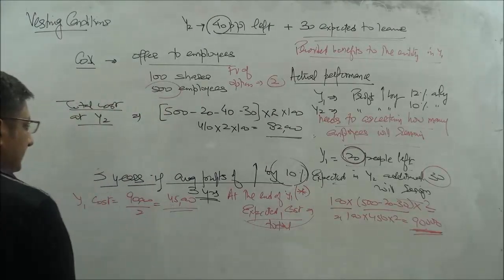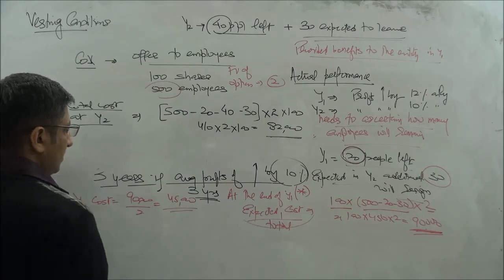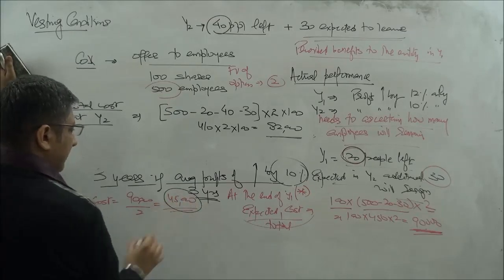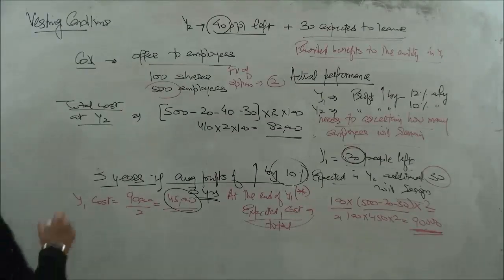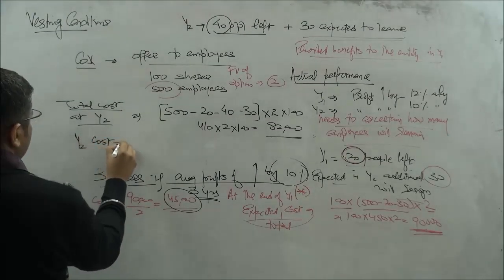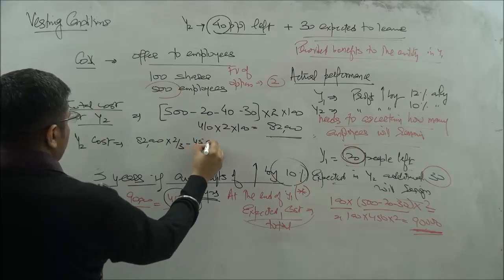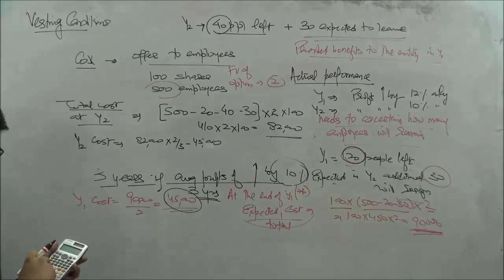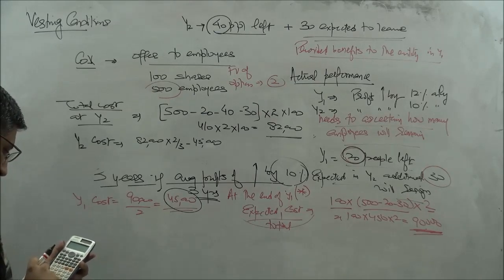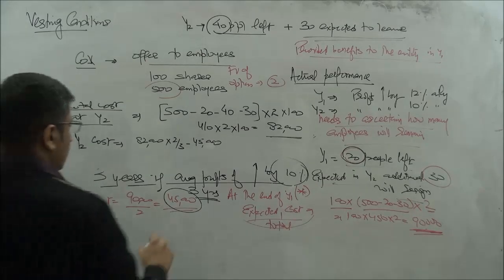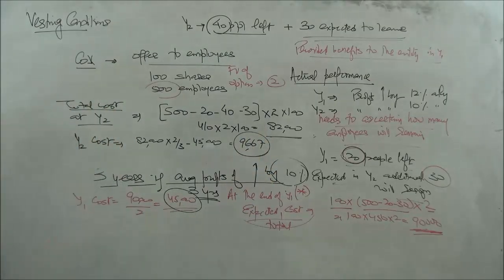Okay, and then we are saying in my year 1, 45,000 was already charged. That essentially means that my year 2 cost should be 82,000 into 2 by 3 minus 45,000. That makes it 9,667.